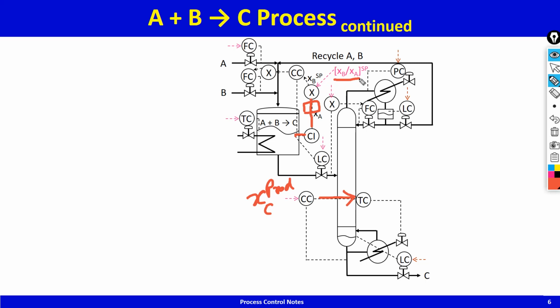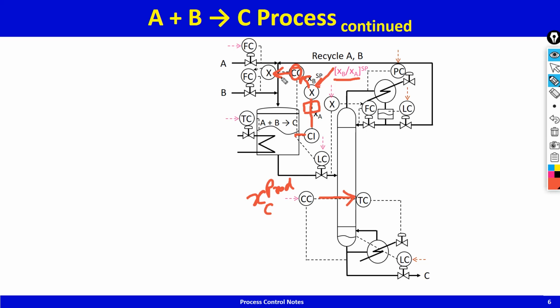So this is like B to A excess ratio or under ratio, depending on whether reactor should operate in A excess environment or B excess environment. So the B by A ratio you multiply by this, and that gives you the set point of the B composition in the reactor, and this composition controller then adjusts the B by A ratio of the fresh feeds. And in this way you are trying to maintain the B to A or A to B ratio in the reactor. Okay, so that's what is going on here.